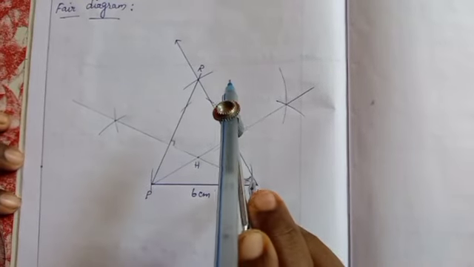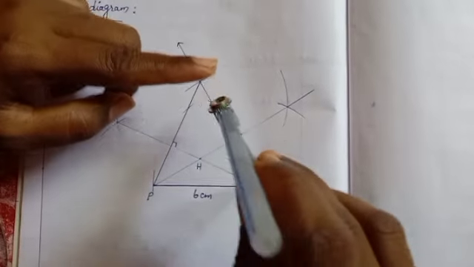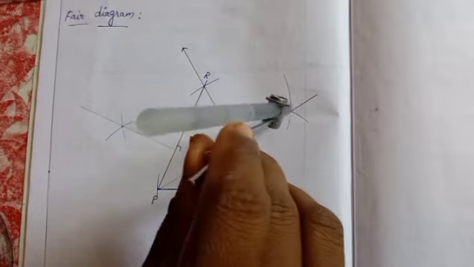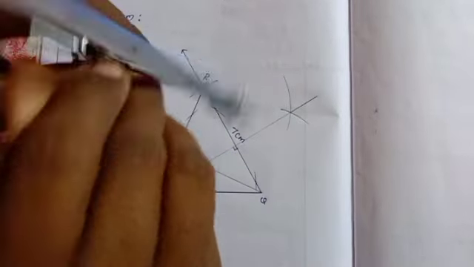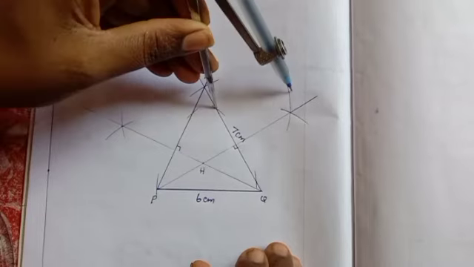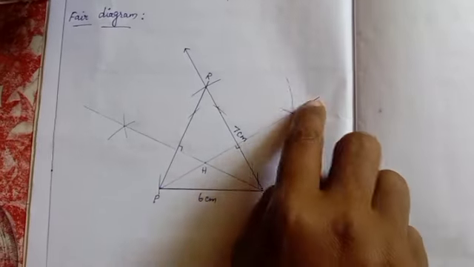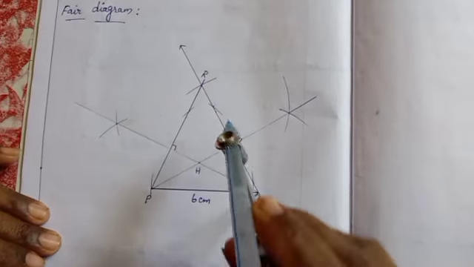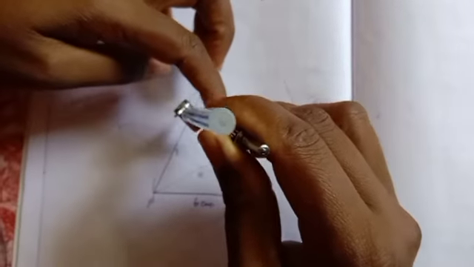Using these 2 arcs, you have to take more than half of this measurement. You have to measure this, then reduce the measurement a little, then draw an arc using this arc and another arc. Then you mark this intersecting point and join these 2 points. In the same way, take another vertex, whose opposite side is PR.